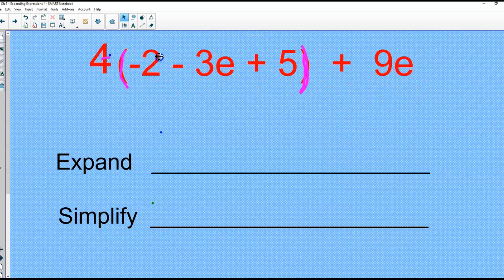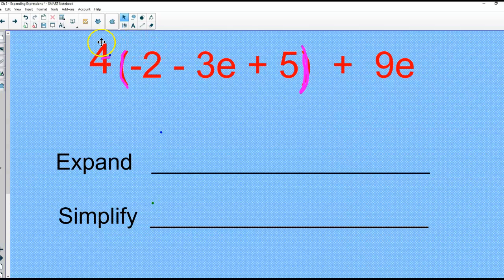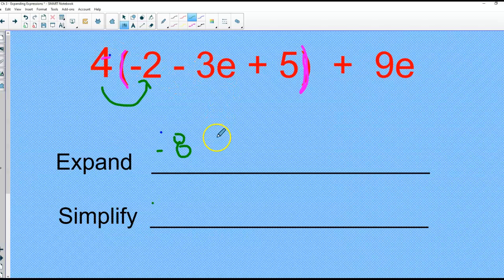Okay. So, let's do like we did before. We're going to take 4 times everything on the inside. Okay, so 4 times negative 2 would be negative 8. 4 times this 3 would be 12e.